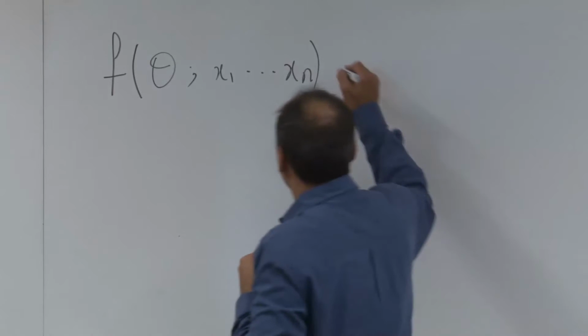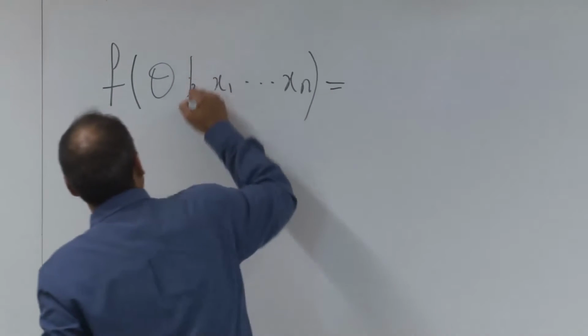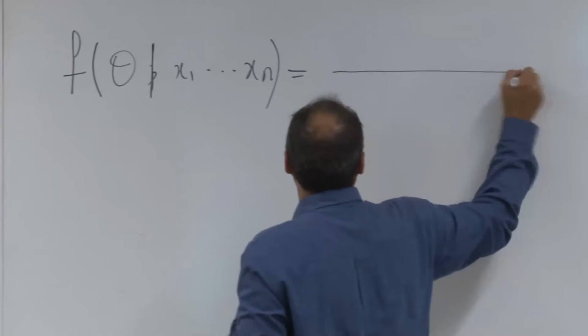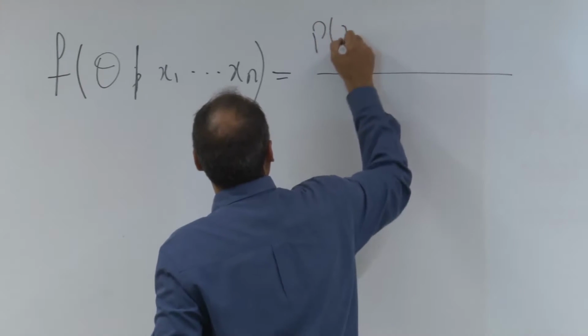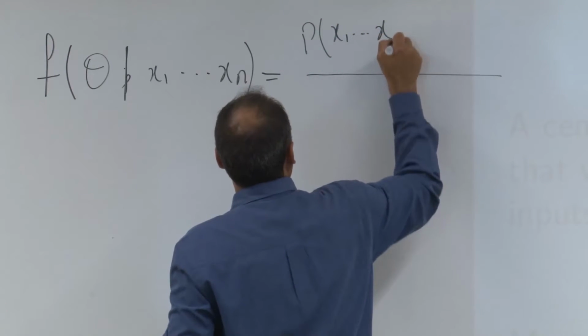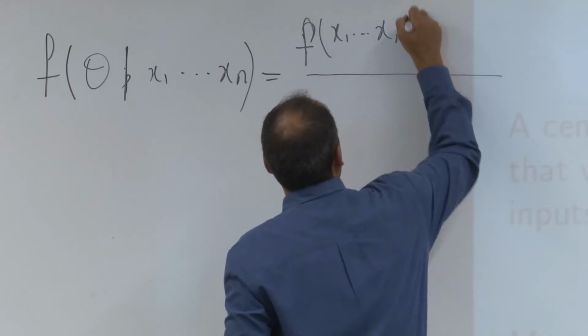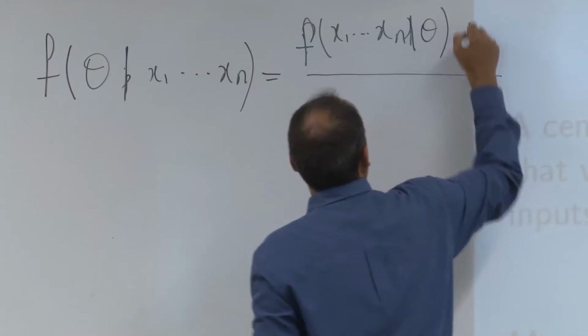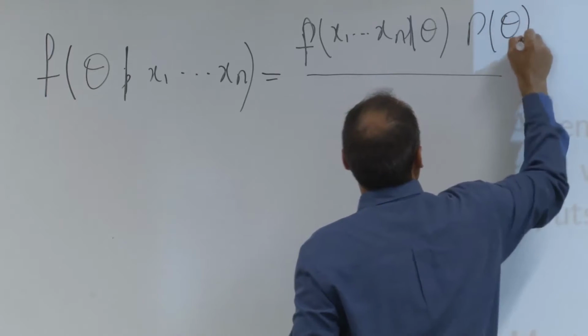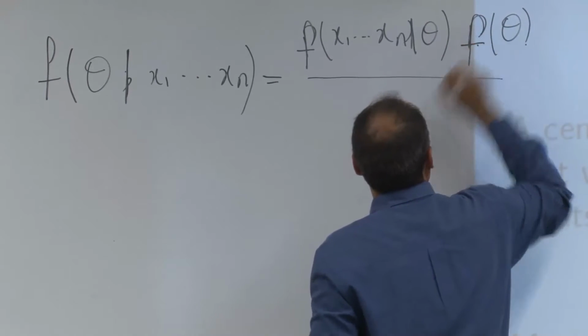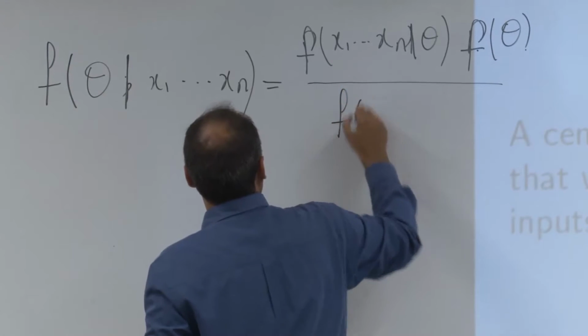The posterior of our parameters given data is basically the data given parameters, times our prior over parameters, divided by the marginal.